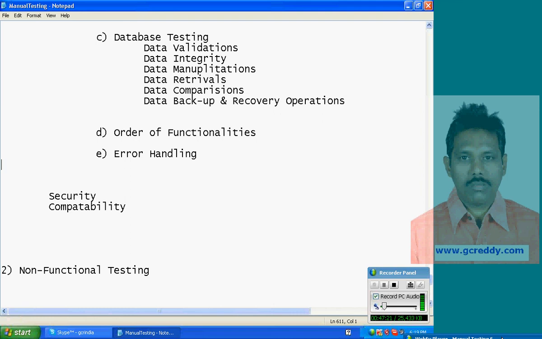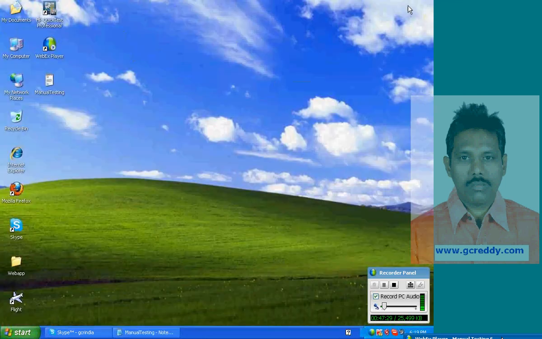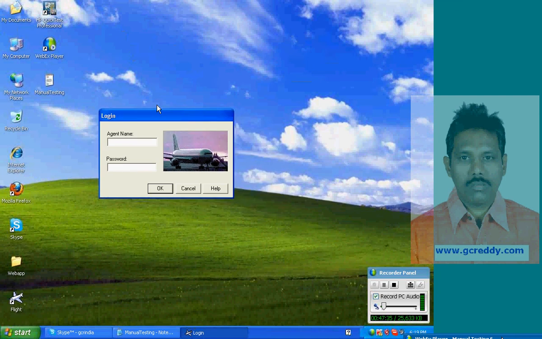See, if you enter invalid data, it has to provide proper error messages and help messages. Meaningful error messages and help messages. See, rejecting the data, rejecting the invalid operation is different. Providing meaningful error messages is different. It has to guide the user.